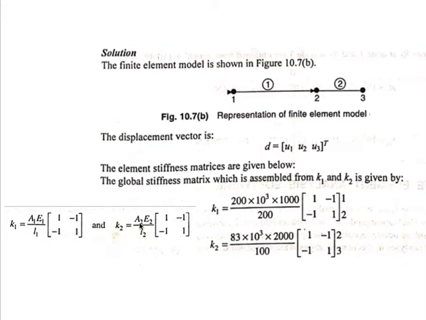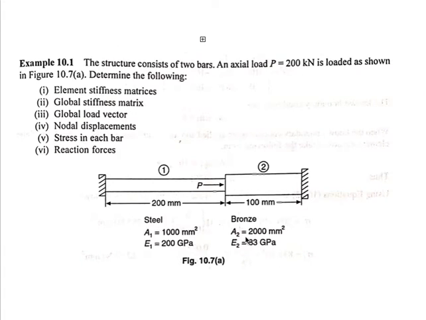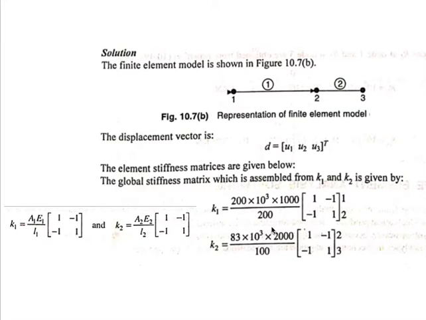Here A2 is 2000 and E2 is 83 GPa, so 2000 into 83 into 10 raised to 3. This is the K2 stiffness matrix for node 2 to node 3.